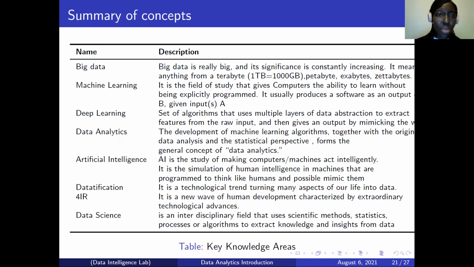Right, so this is a summary of the concepts we've discussed today. We've looked at big data. I'm sure you all have a clear understanding of what big data is now, the characteristics of big data, and what makes big data significant. Then we've also looked at machine learning models. Machine learning are basically algorithms that are used to learn the workings of data to generate insights from your data.